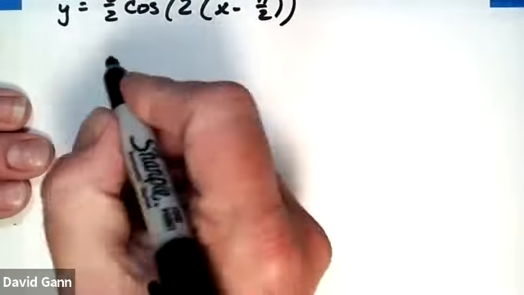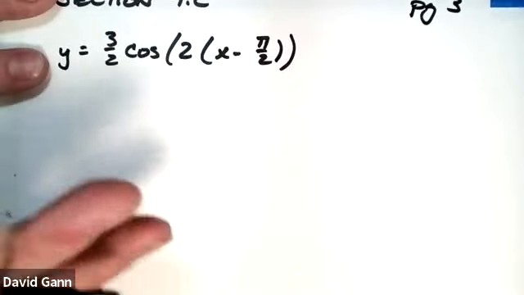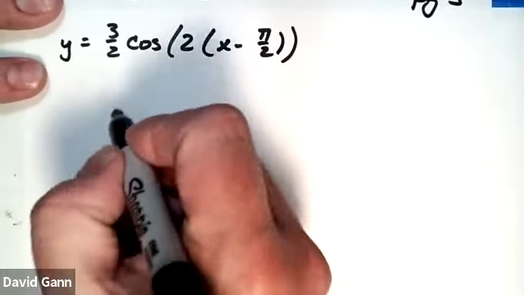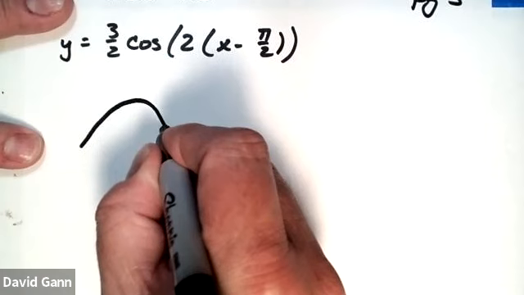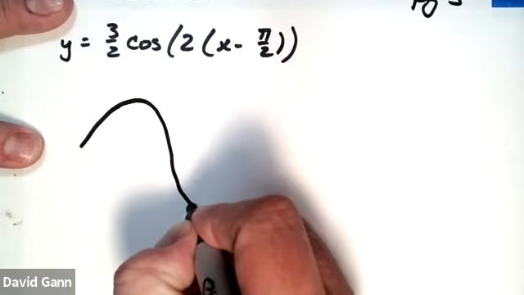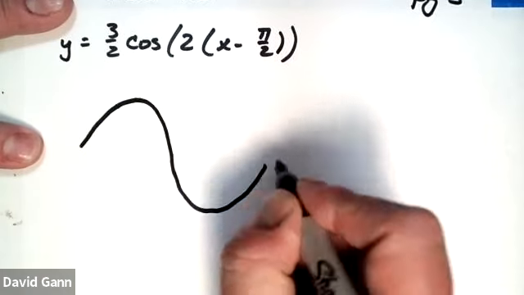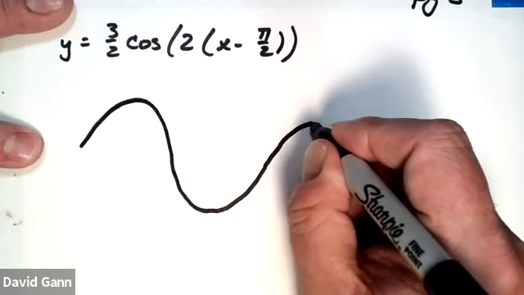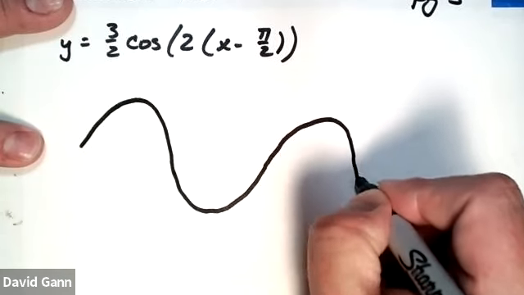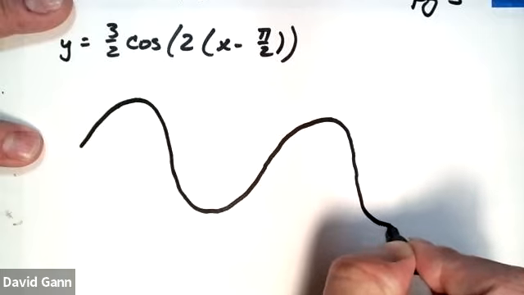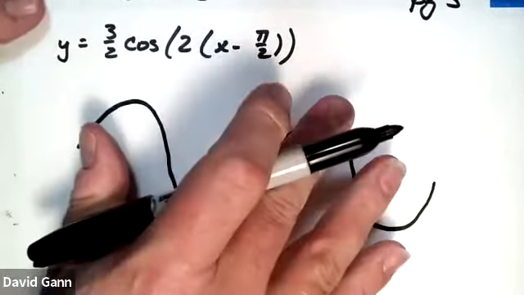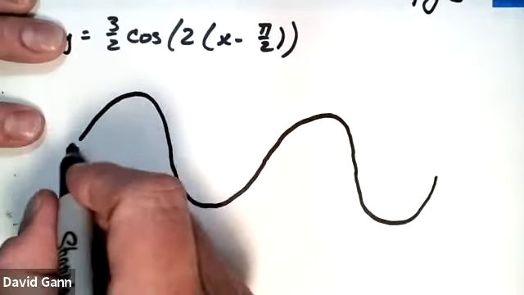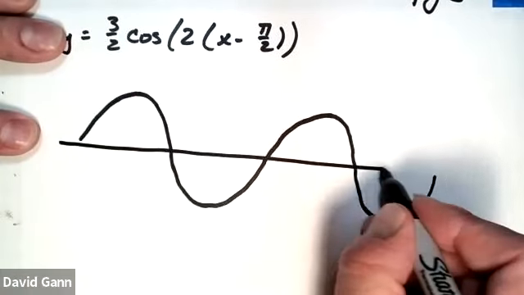Again, I'm going to put the axes on after the fact. So I'm going to start by drawing the basic shape of a cosine function. And I'll go ahead and draw 2 periods at least. And again, there's no vertical shift, which we haven't really talked about yet. So the x-axis will coincide with the baseline.